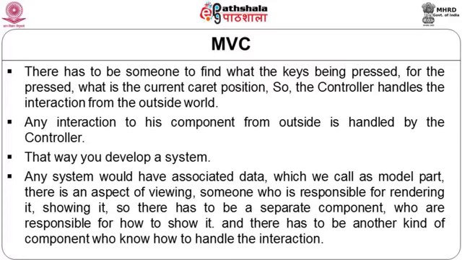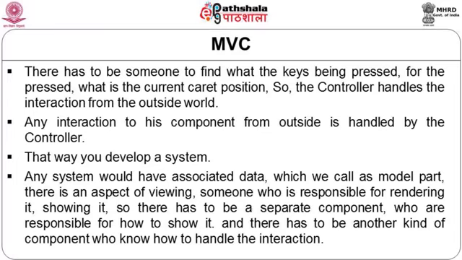So, that is how you develop a system. Any kind of system has some associated data, which we call the model part. There is an aspect of viewing, someone responsible for rendering and showing it. So, there have to be separate components responsible for how to show it, which do not know the technology about how to handle the interaction, and another set of components which know how to handle the interaction.